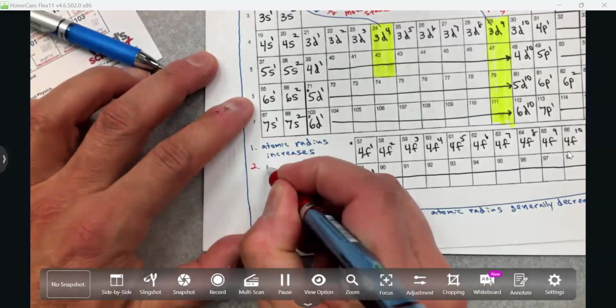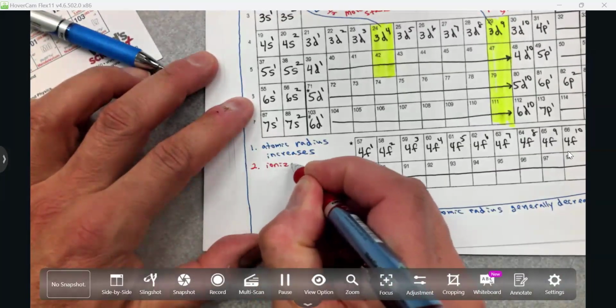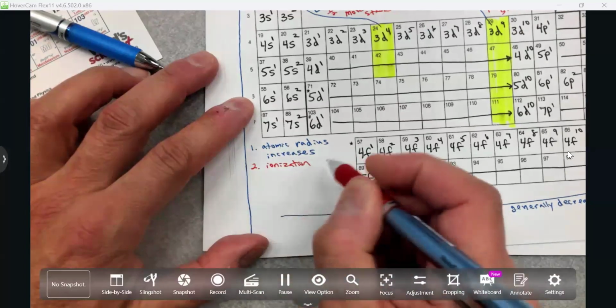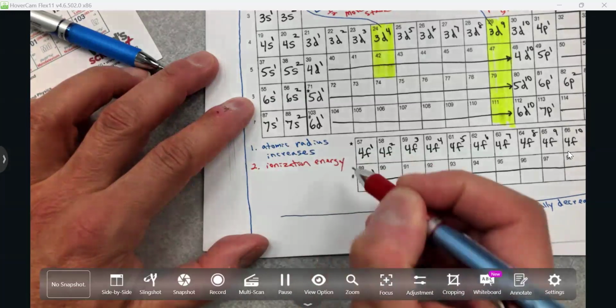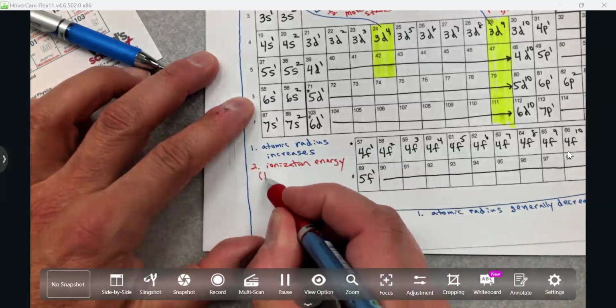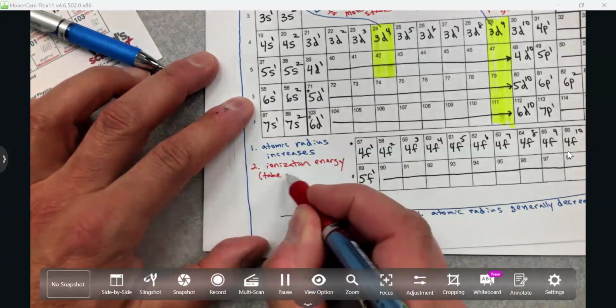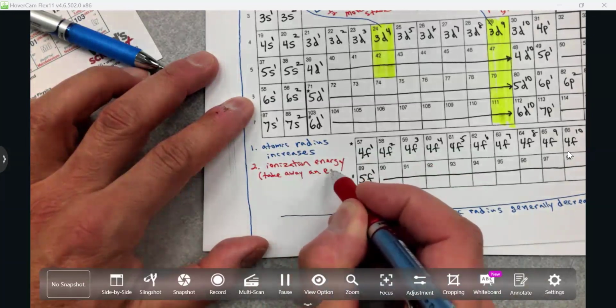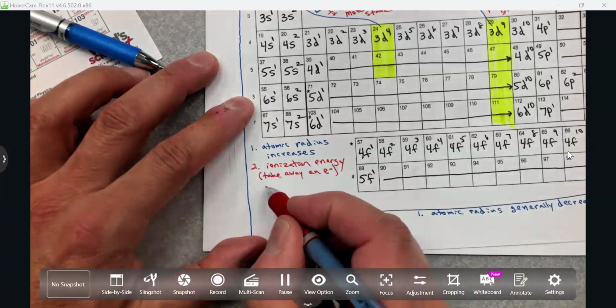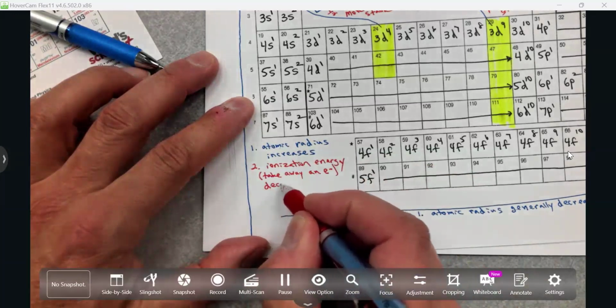Number 2, ionization energy. Which means you're going to take away an electron. Going down, it's going to be easier.